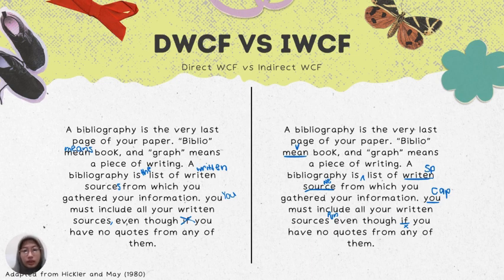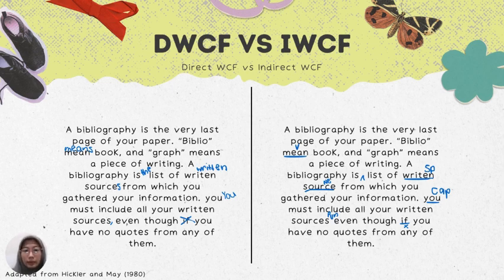Next, we will learn about the indirect written corrective feedback. Here, as you can see, you can spot the difference, right? In direct feedback, the corrector directly corrects the error like means, but in indirect written corrective feedback, they just provide the codes, not the correct form of the error. So mean here is underlined, and they give the code V. V means verb.